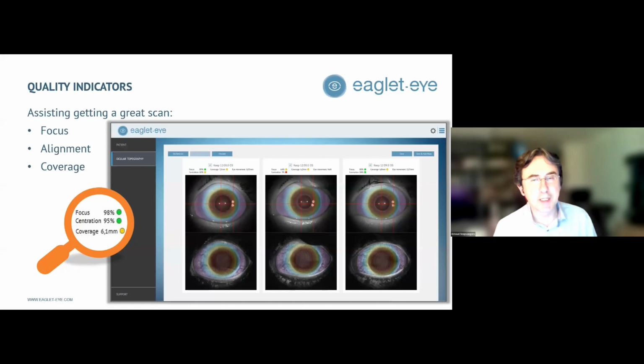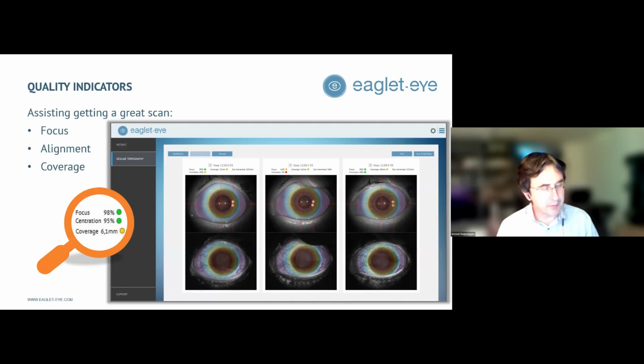So when you've taken a measurement, the operator will be presented with quality indicators straight away whilst your patient is still in the chair. And you can then decide whether you should apply some more fluorescein and take another measurement. From a single dose, you can take at least 3.